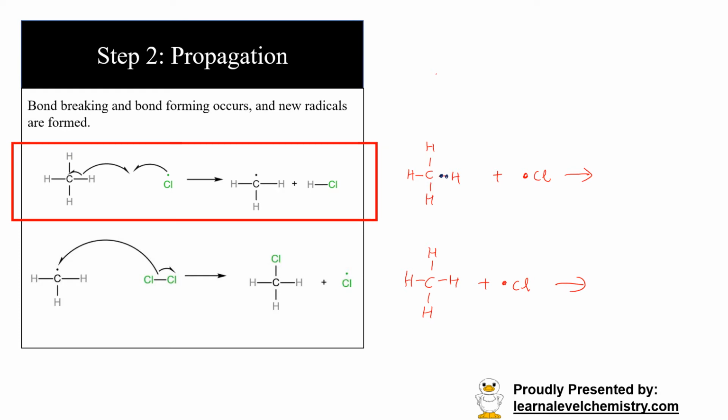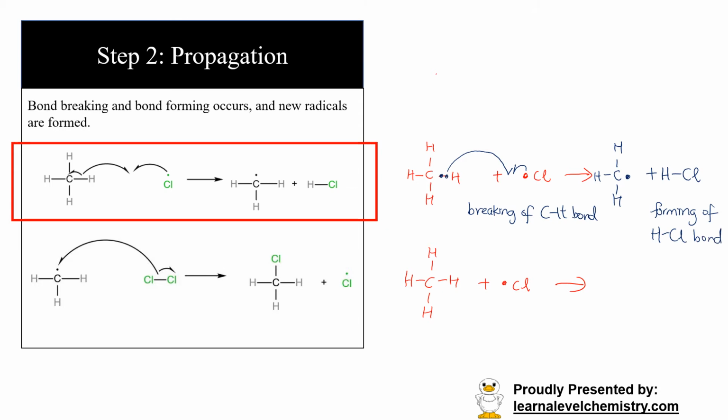One of the electrons forms a bond with the electron from the chlorine free radical, and I end up having CH3 free radical, which is also called a methyl free radical, plus HCl. So in other words, this involves breaking of the CH bond and forming of the HCl bond.